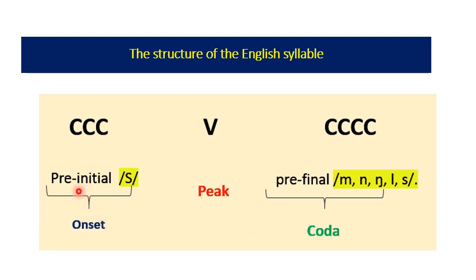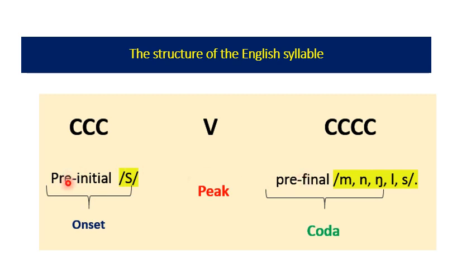And we have something we call pre-initial and pre-final, as we mentioned before. So if you have the S sound, we have the pre-initial part. And if we have the nasal sounds as well as the L and S sounds, we have the pre-final.